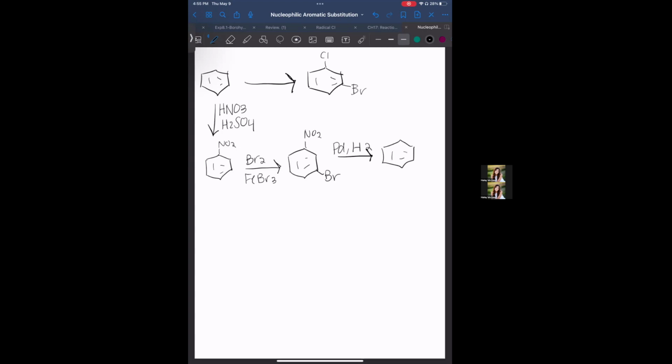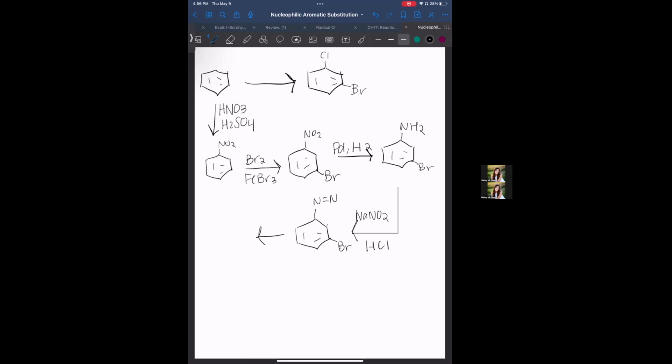So let's go ahead and turn this NO2 into our NH2 to set us up for the Sandmeyer through Pd, H2. And so now we've got Br, NH2, our aniline. And so remember, the first step of the Sandmeyer is to convert this NH2 into an N triple bond N through NaNO2 and HCl. So here we are with our N triple bond N, Br.